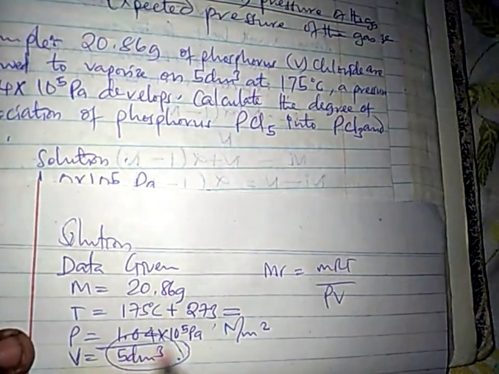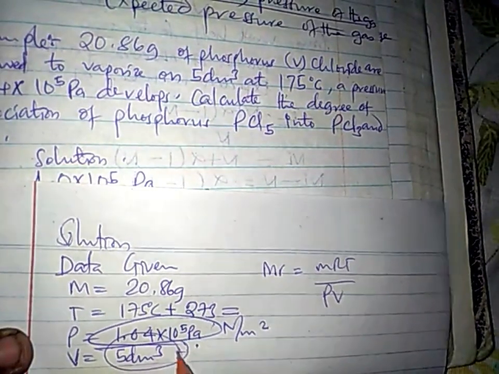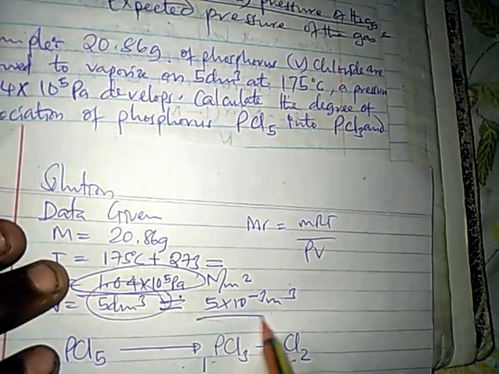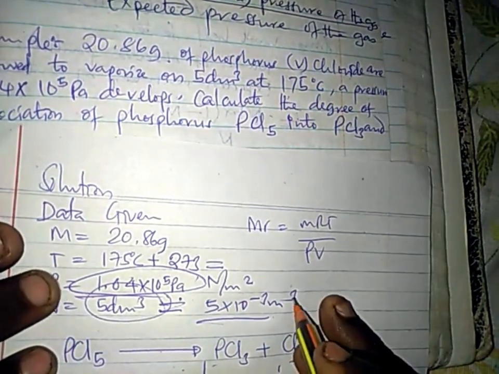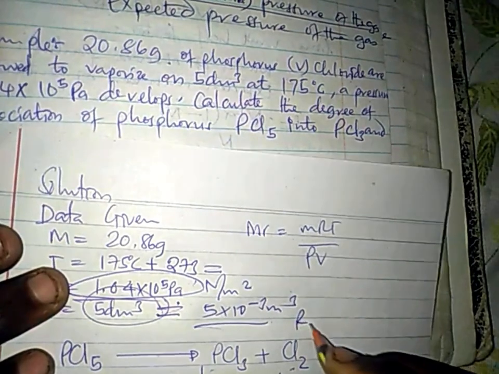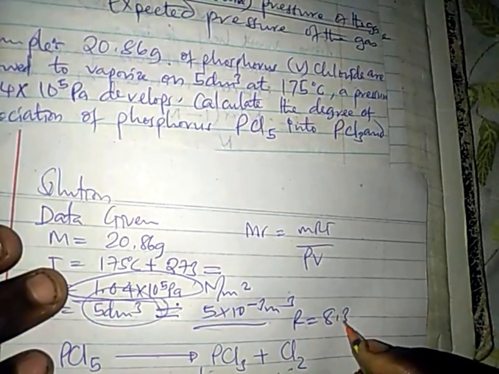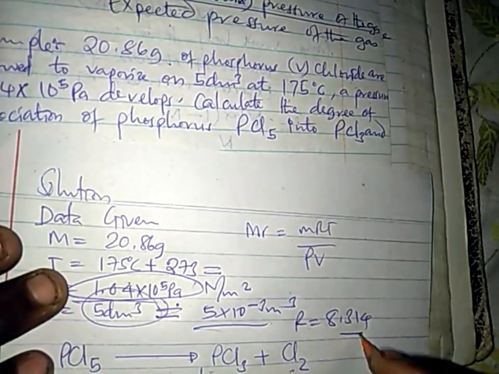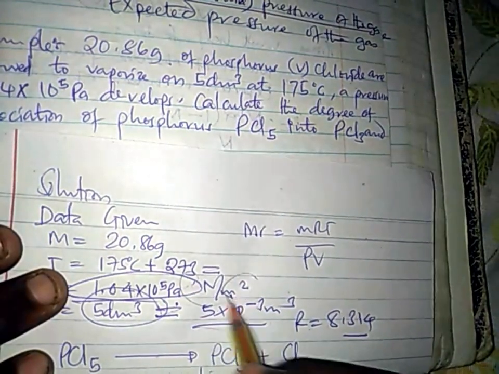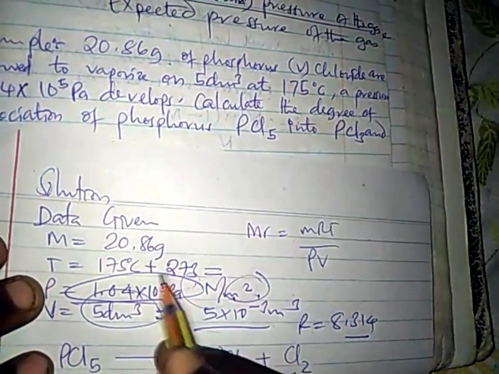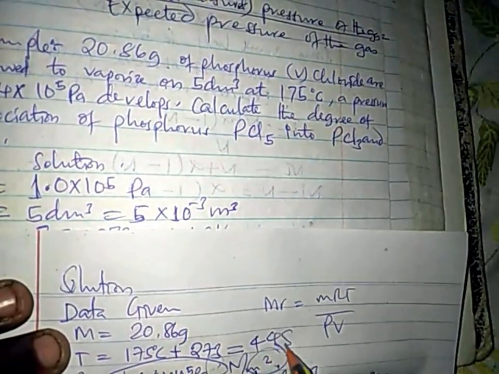Now if we want to use the pressure in pascals, we must convert the volume into meter cubic. That means we will get 5 times 10 power negative 3 meter cubic. The universal molar gas constant R we will use is 8.314, because we have used pressure in pascals and volume in meter cubic. The temperature we convert to Kelvin, and we get 448.